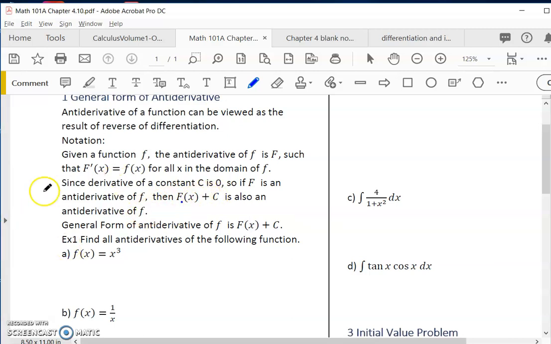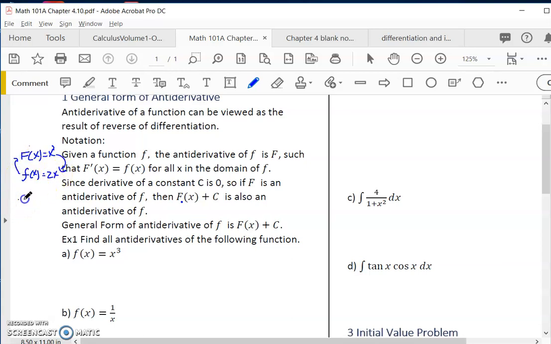An example would be if I have a function big F of x equal to x squared, then my f of x is 2x, because this is the derivative of the original function. We call this differentiation. This going back is the antiderivative.